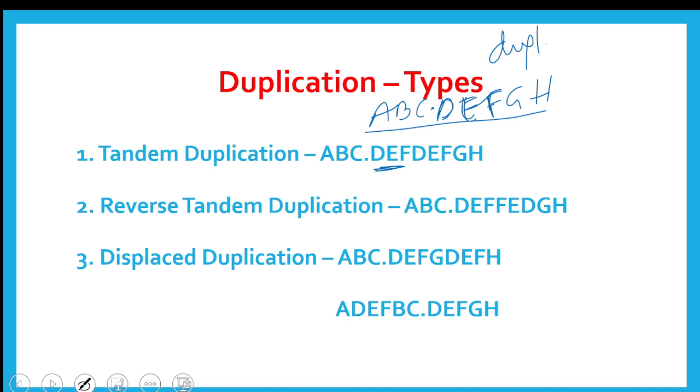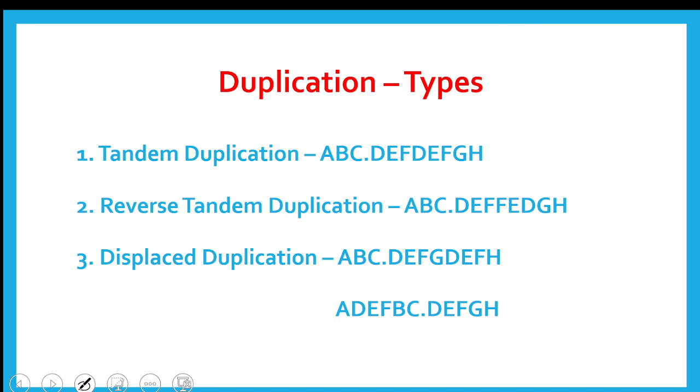When the DNA polymerase reads up to ABCDEF and forms a DNA copy, and after that it leaves, and sometimes after a few seconds or milliseconds or nanoseconds, whatever it may be, it rejoins and starts duplicating the same segment. So what happens is this same segment DEF is repeated twice. And how it takes place due to unequal crossing over, we are going to see later.